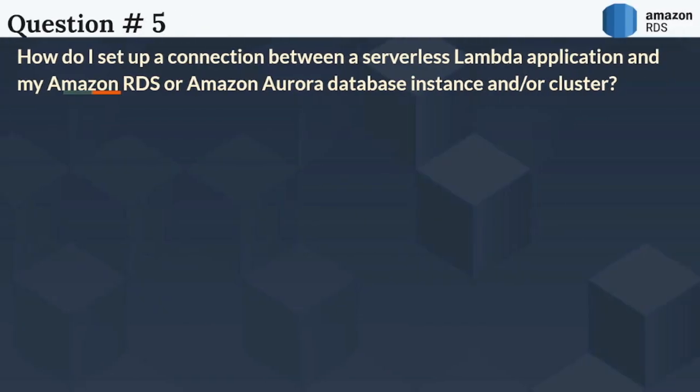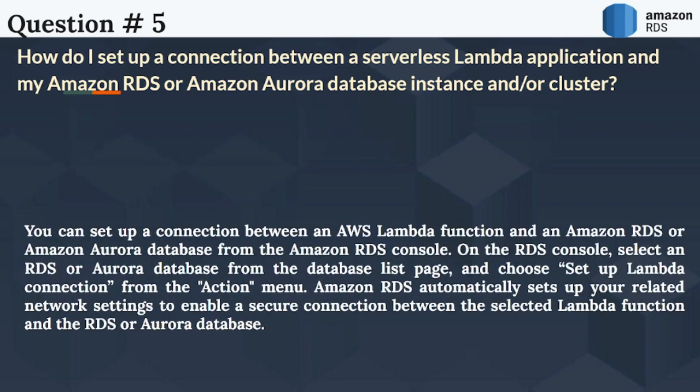So the next question is, how do I set up a connection between a serverless Lambda application and my Amazon RDS or Amazon Aurora database instance and/or cluster? You can set up a connection between an AWS Lambda function and an Amazon RDS or Amazon Aurora database from the Amazon RDS console.